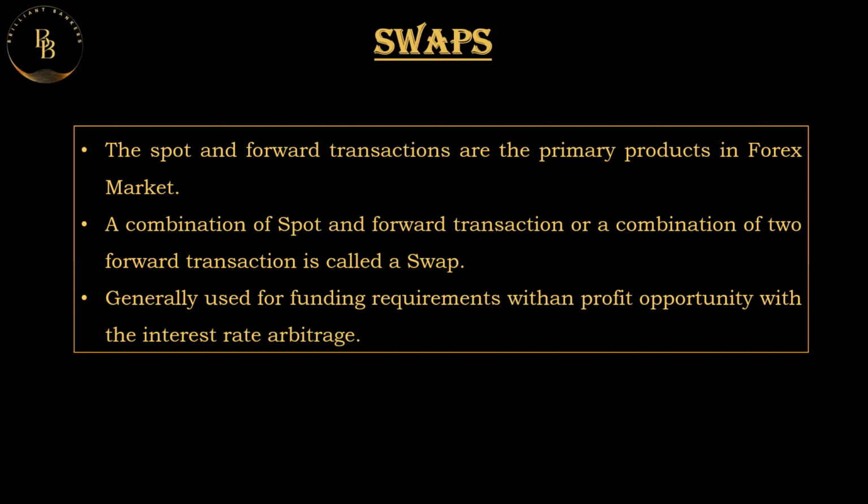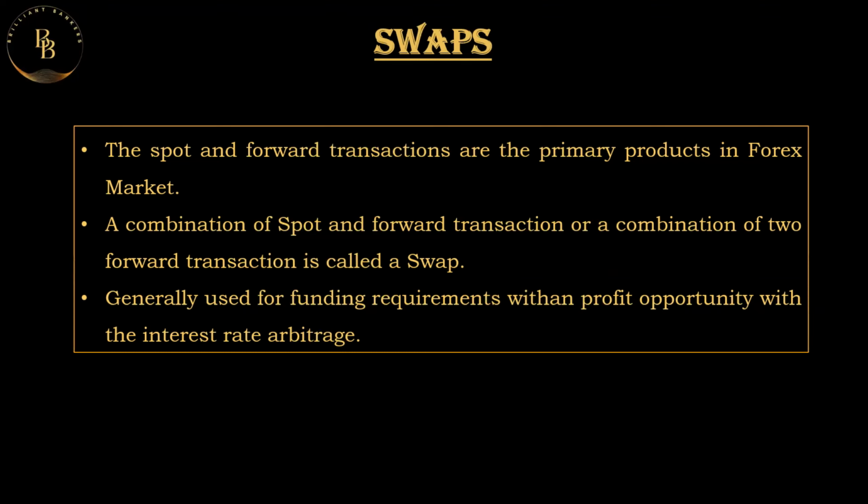They play a crucial role in risk management and can be tailored to meet the specific needs of the market participants. But due to the complexity of the swap, it requires careful consideration, and there are some associated risks, and the regulatory guidelines are to be complied with also.